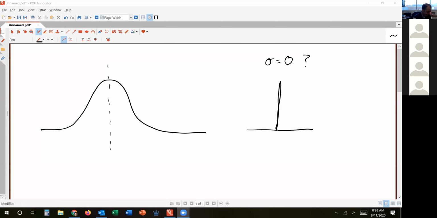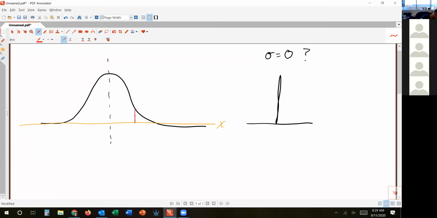Okay. What is a t-value? Here's what a t-value is. If I take my student t distribution, which looks like my Gaussian, looks like a normal distribution, I've got this x-axis. What a t-value is, I'm trying to determine the value of the x-axis where I cover some amount of area where I am certain.